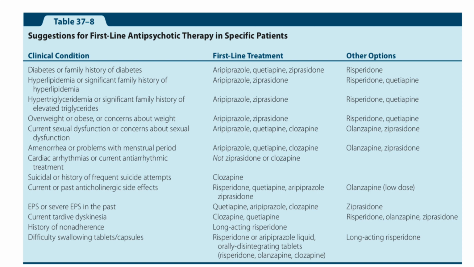And finally, based on somebody's adverse drug reactions or clinical condition, we can recommend a first-line antipsychotic treatment that would be better for them. This isn't clear cut and dry. There's a lot of gray area, and psychiatry is like an art, so we have to make it patient specific.